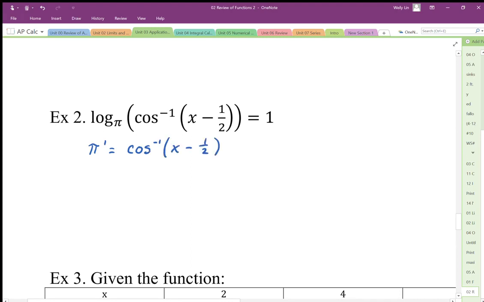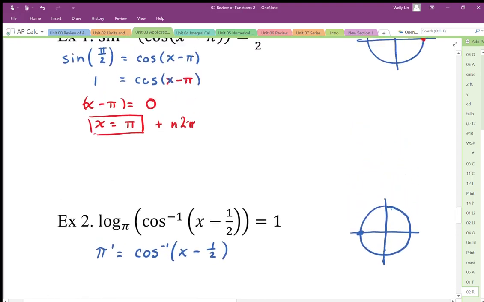And so we can undo the arc cos by looking at what cosine ratio, x minus 1/2, remember that this is a ratio, is going to give us the angle pi. So the angle pi is right here, the ratio is going to be -1.